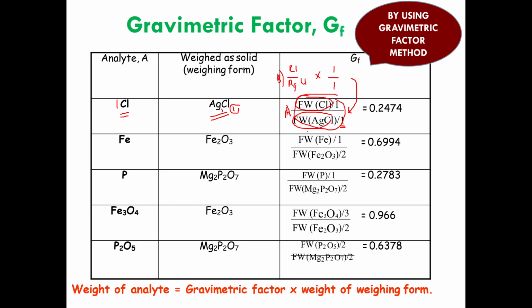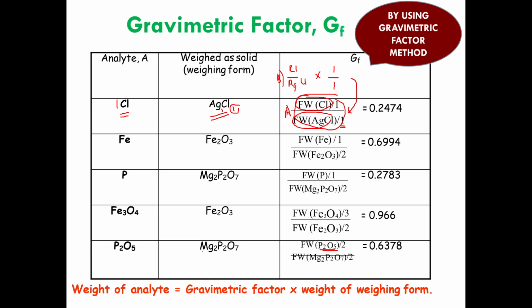So after we calculate, we get the gravimetric factor for Cl, which is 0.2474. Okay, so we look at the last example: P2O5 and Mg2P2O7. So we need to determine how many atoms of P are in P2O5. P2O5 has 2 P, 2 phosphorus.